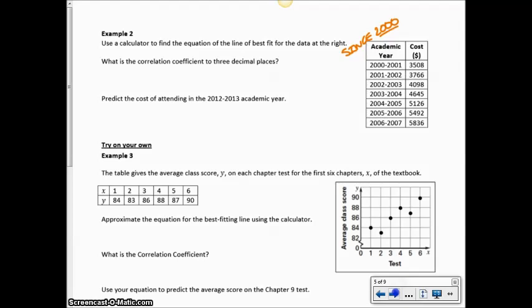So in other words, your X value is not going to be 2000. If it's between 2000 and 2001, then you're starting with year 1, and then year 2, and then year 3, and so on. Okay, so in 2007, you would plug in a 7.